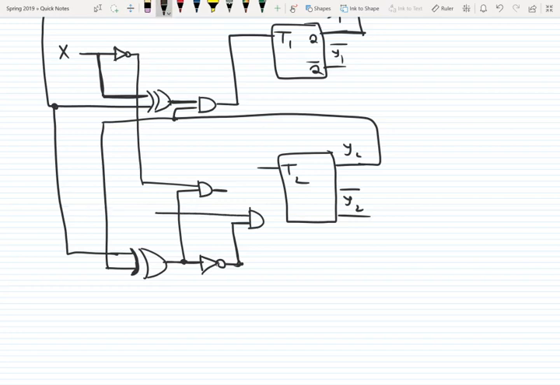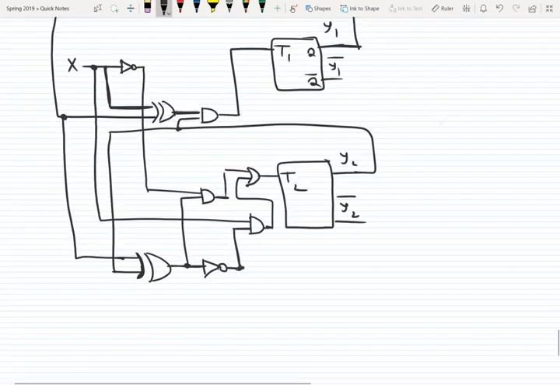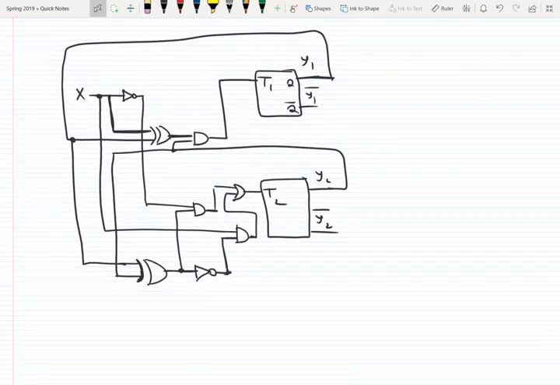We get x, and these two are ORed together. Okay, it's a little complicated, but this one is the final circuit for T1 and T2.